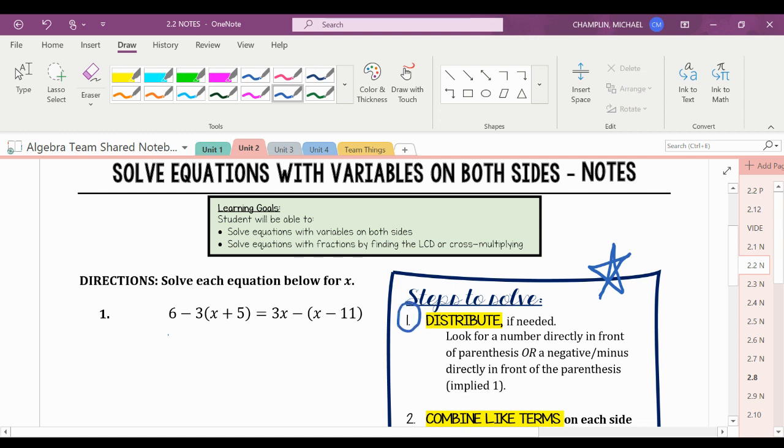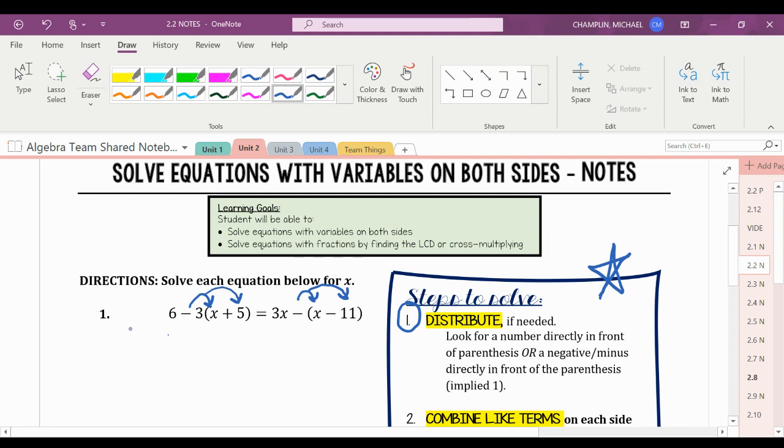So I'm going to start with my number 1 step, and I'm going to look at this equation. I have 6 minus 3 times x plus 5 equals 3x minus x minus 11. Well, it says distribute. I do notice I can distribute this negative 3 into x plus 5, and I can also distribute this negative sign into x minus 11 because technically a negative sign is just negative 1.